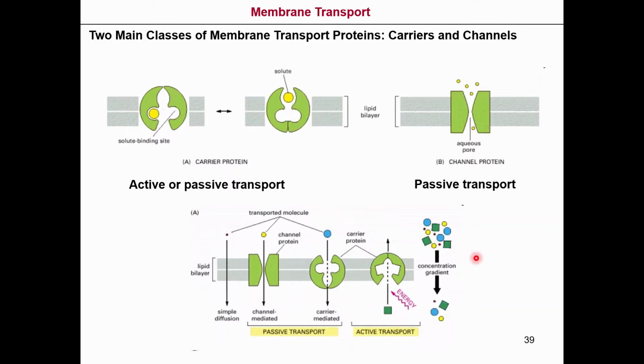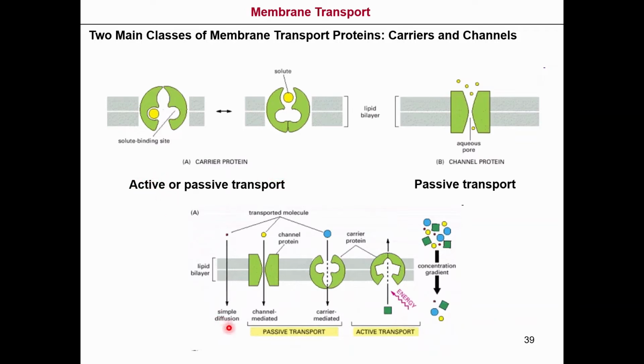We have 2 types of transport: the active transport and the passive transport. For channels, it's always passive transport. For carrier proteins, it can be active or passive.